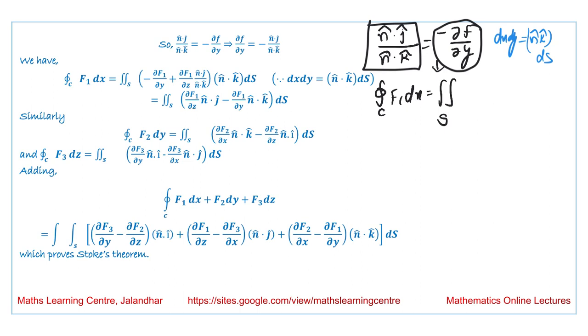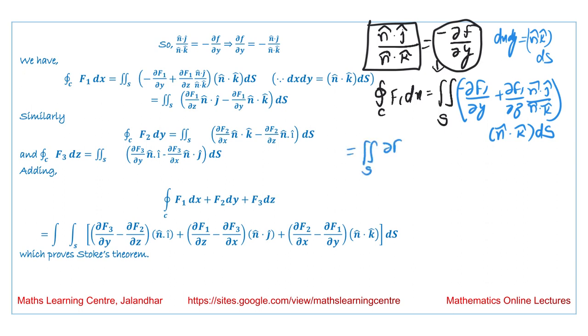So if we substitute these values over here, we obtain minus curly f1 by curly y plus curly f1 by curly z, n cap dot j cap over n cap dot k cap, and we are multiplying it with n cap dot k cap into ds, and we are writing this is equal to the double integral over S of curly f1 by curly z n cap dot j cap, minus curly f1 by curly y into n cap dot k cap, into ds.